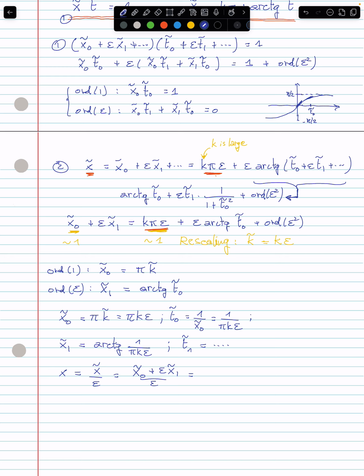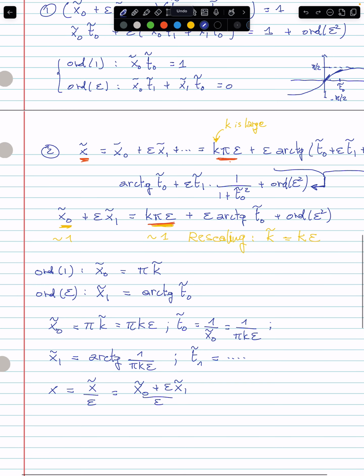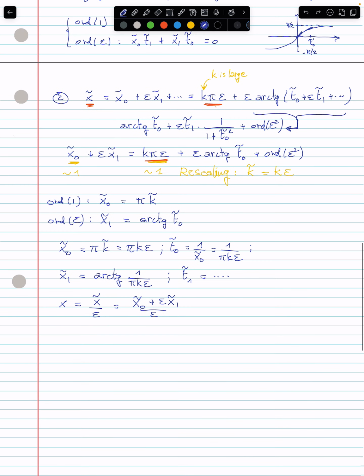So it means x0 over epsilon: x is equal to x0 over epsilon, so pi times k, and plus, epsilon simplifies, so we just have arctangent of 1 over pi k epsilon.